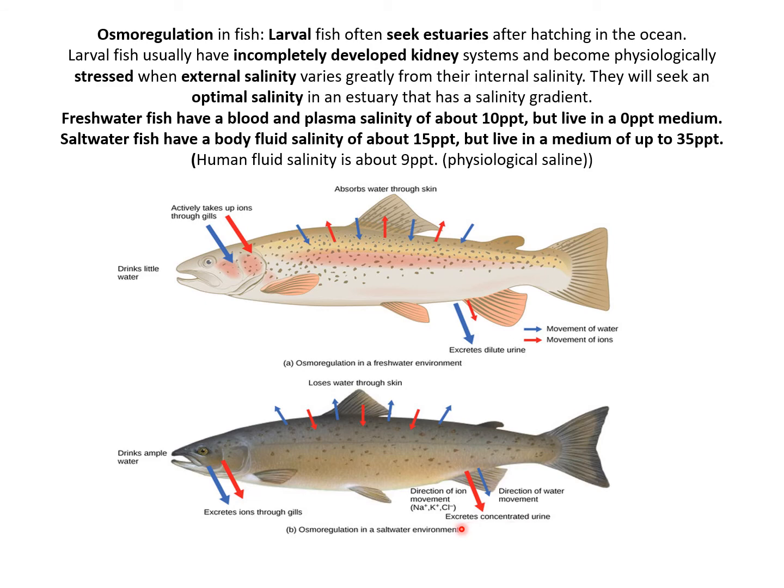So they have to have very well-developed and active kidneys, which, as we said earlier, they don't have. So they really want to be in an area where the external salinity is kind of balanced with their internal salinity of about 15 parts per thousand.